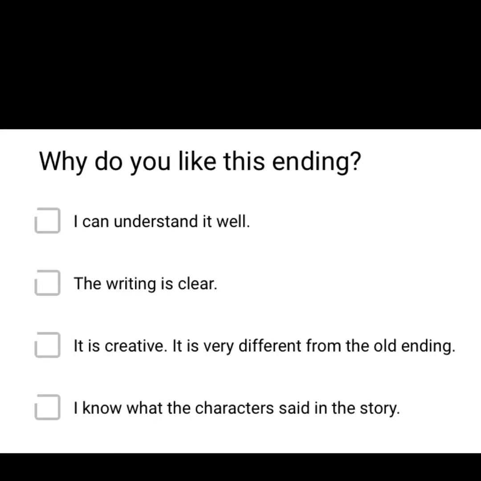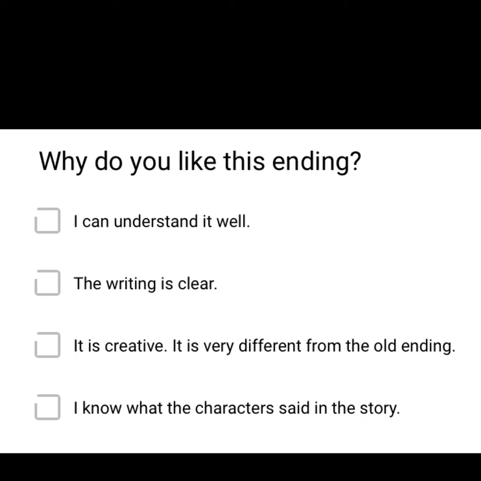And they also tick the boxes for the reason why they like the ending they chose most. Is it that they understand the ending well? The writing is clear. It is very creative, very different from the old ending, or that they know what the characters said in the story.